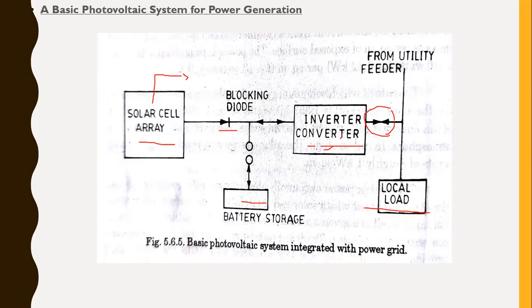Circuit breakers or fusing protection equipment are inserted between the inverter output and the utility grid. This protects both the photovoltaic system and the grid. This is the basic photovoltaic system integrated with the power grid.